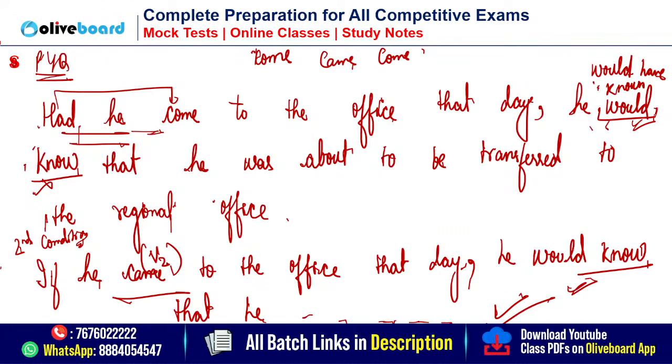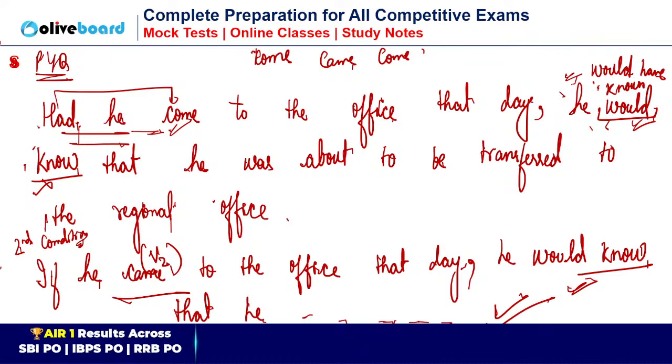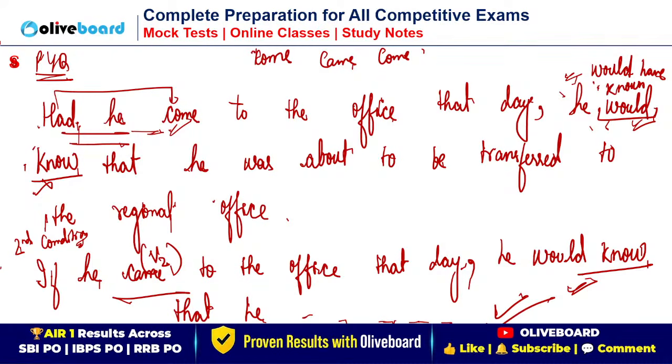We can make the changes in the principal clause also and the subordinate clause also, but usually we prefer the subordinate. But here, since had plus V3 is the structure of the third condition, we will simply change this principal clause. Usually we change the subordinate, but that is not the fixed case. We have to see the case.